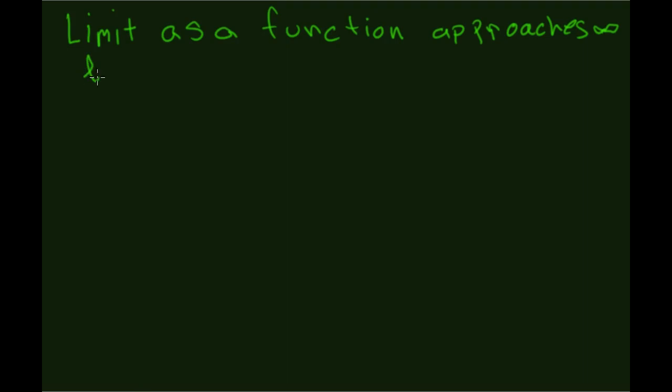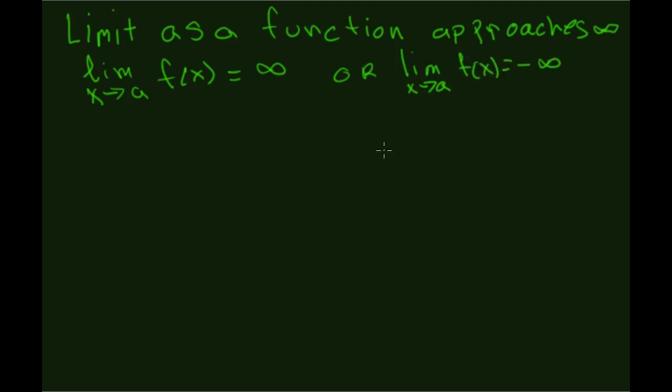This is like the case where the limit as x approaches a of f of x is infinity, or the limit as x approaches a of f of x is equal to negative infinity. This is kind of what we're driving at here.